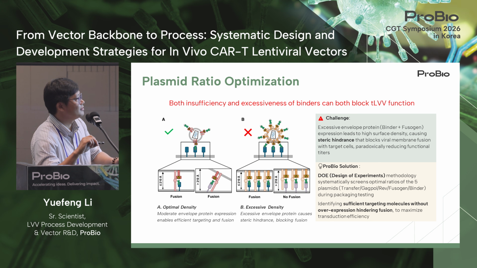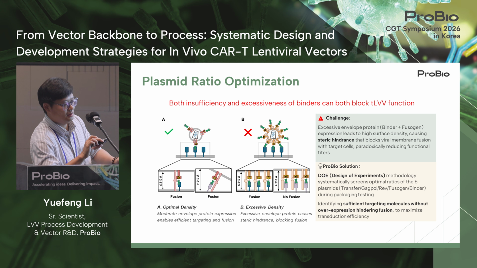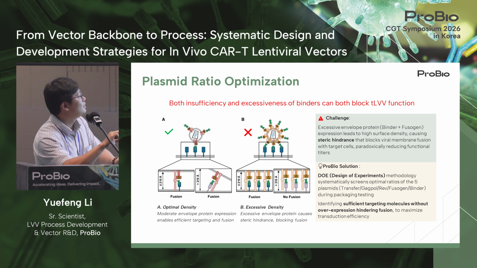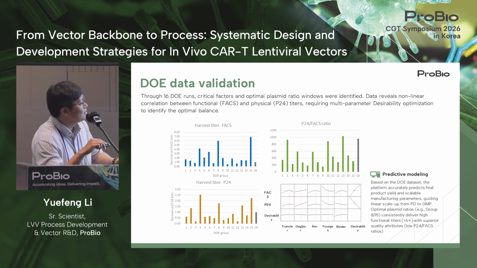To do that, we have to perform DOE experiments to make sure the plasmid ratio is optimal. Okay, so here is an example of a DOE assay.